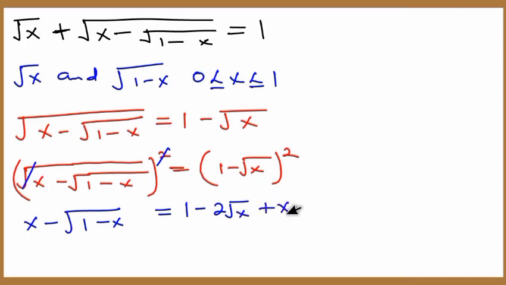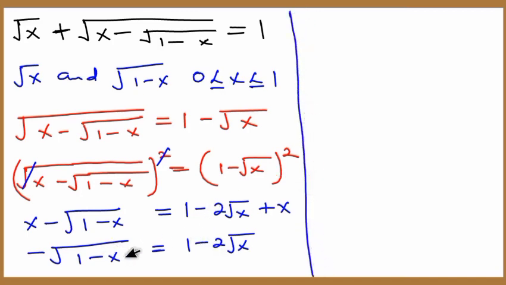So now from here, I will try to group like terms. So this x moves here, becomes negative, so I'll have 0 here. So moving this one to the right hand side, I'll have negative root of 1 minus x equals 1 minus 2 root of x. So since this one comes here, it becomes 0.